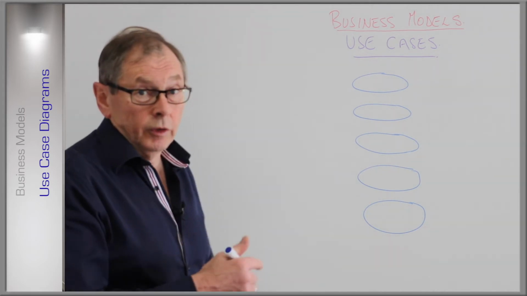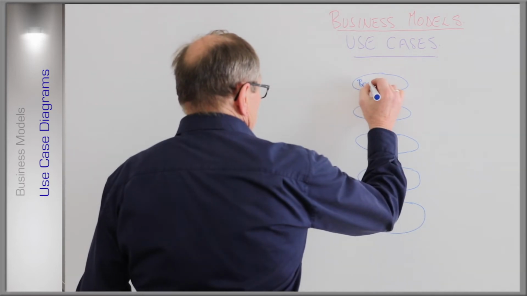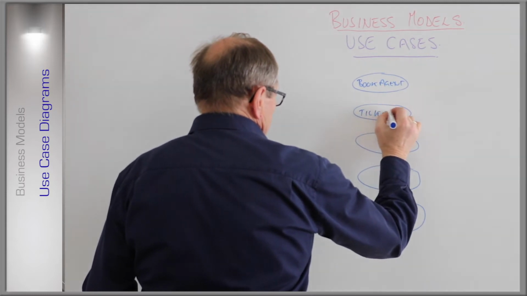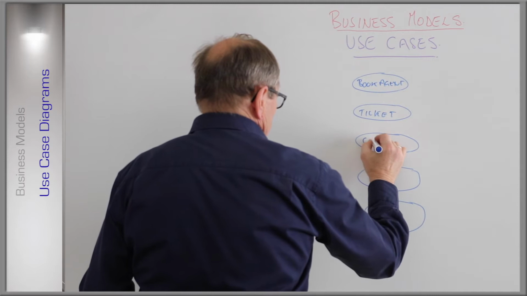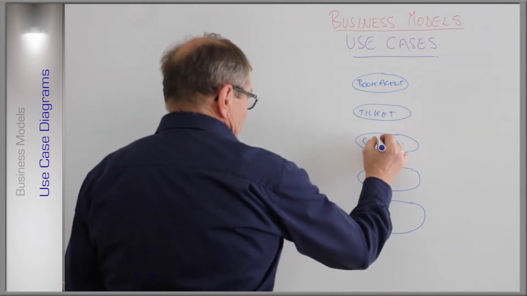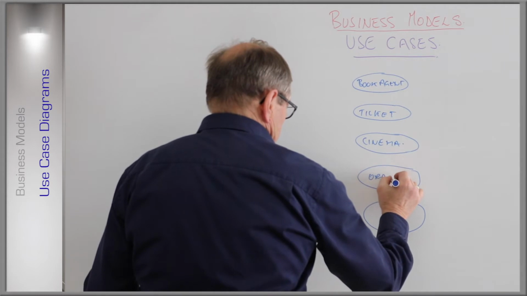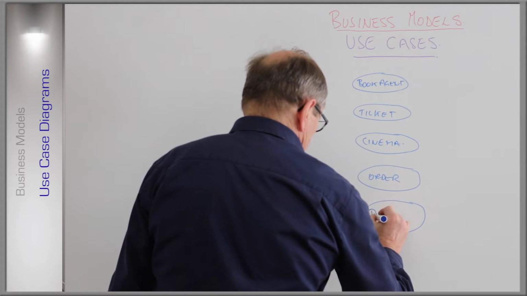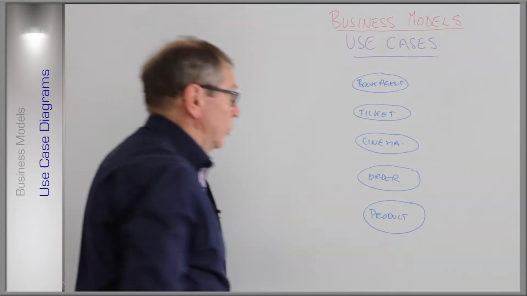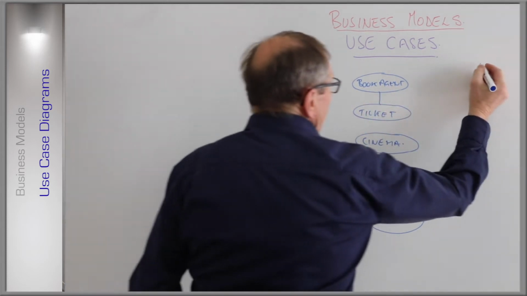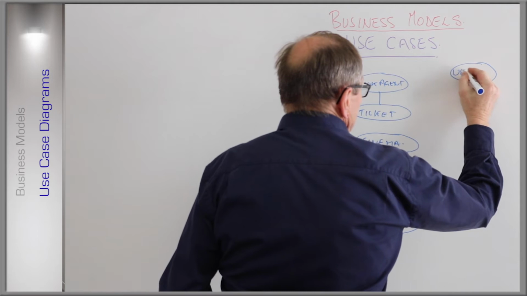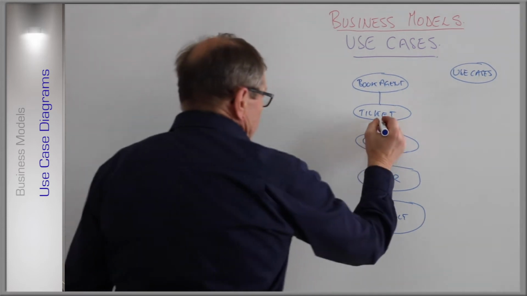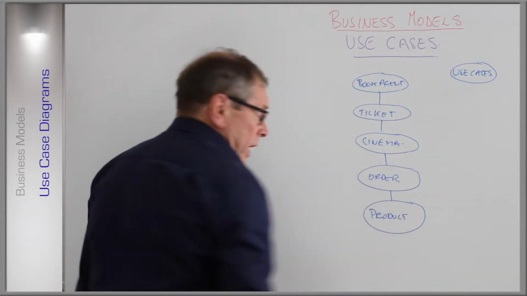You'd have the booking agent, the ticket system in place, the cinema that needs to be contacted, and then the order, and then the product, the ticket coming out itself. It's not the best example, but this is what we call use cases. So these ovals are called use cases.